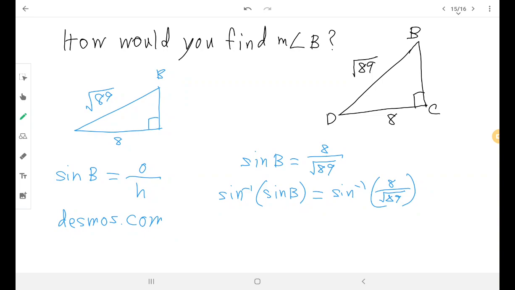You choose the graphing calculator and just use it as a calculator. I like doing it this way because you can put square roots in directly.